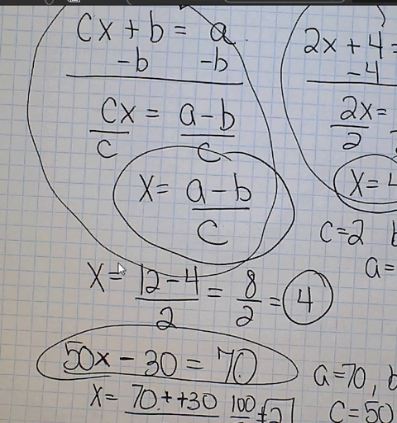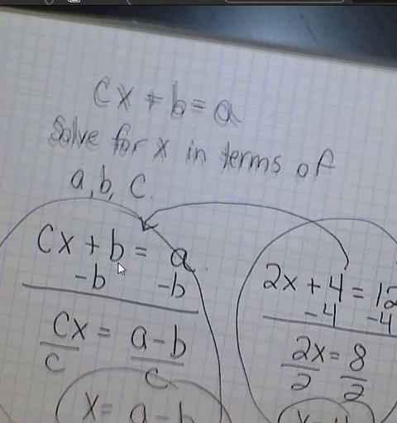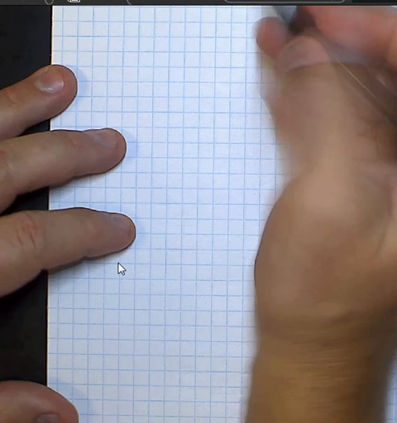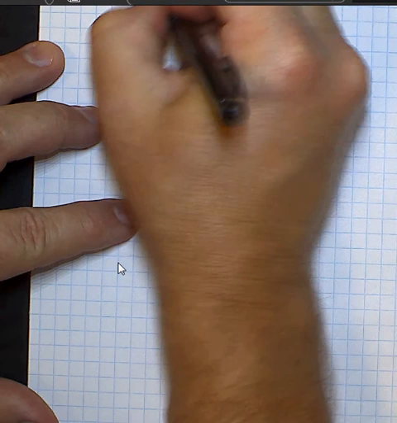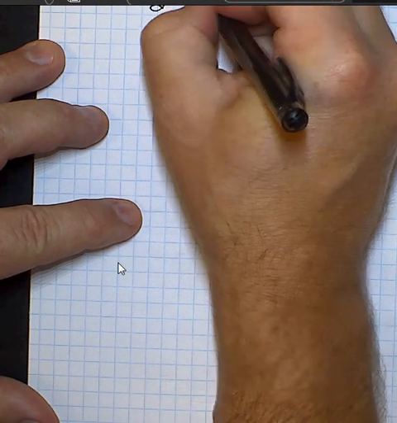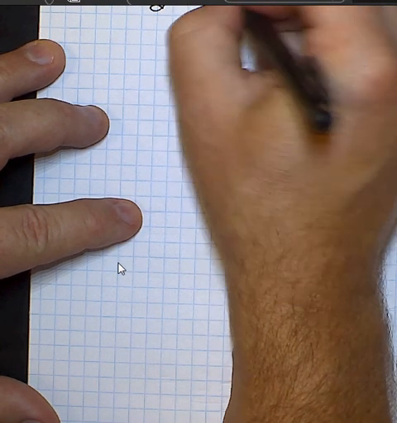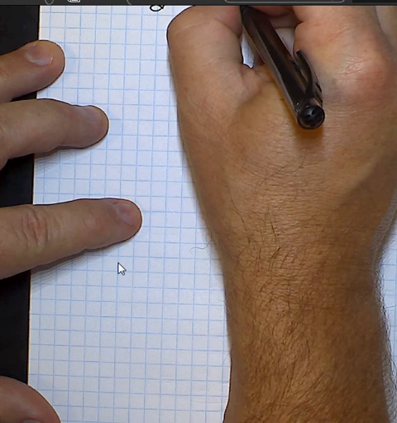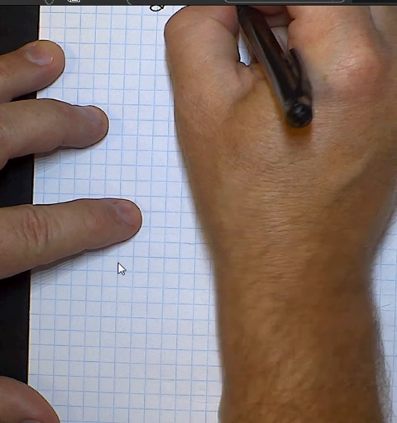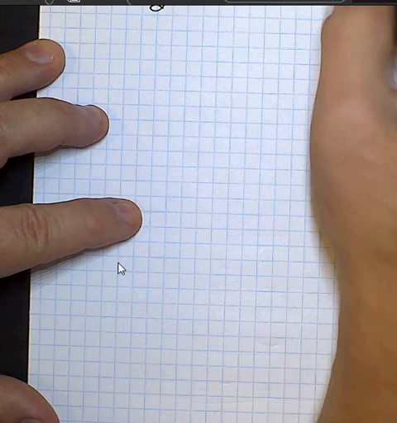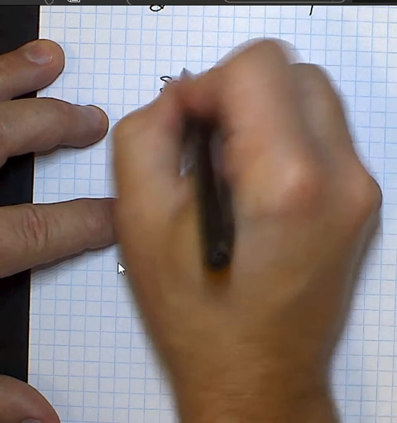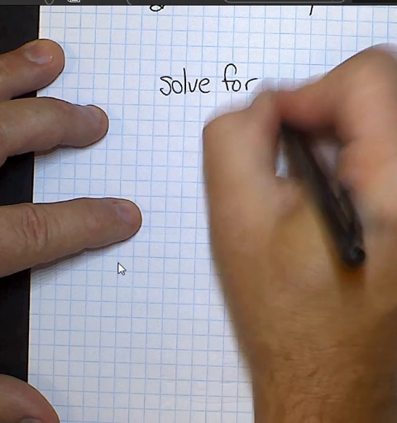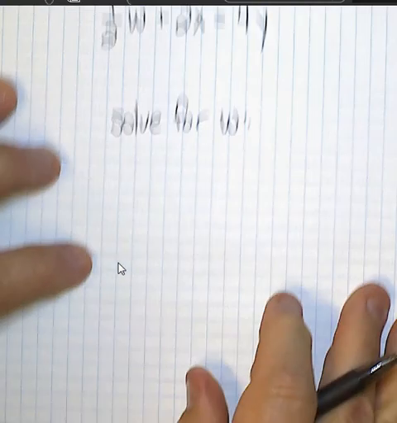All right. Try this one. Let's go with 1/2 W plus 2x equals 4y.